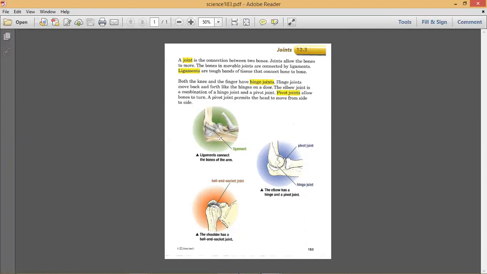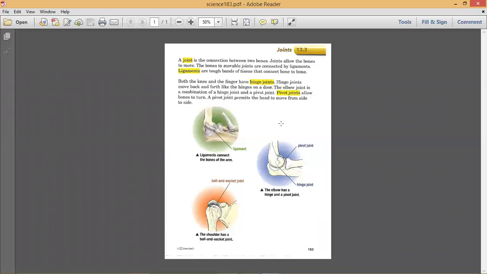Now, the bones in these joints are held together by ligaments, okay? It keeps them in place. Ligaments, this white thing here that looks like a tissue paper, right? Okay, look, it says ligaments, it's labeled. These are made of tissue, and tissue is made of cells, which is the basic building blocks of living things.